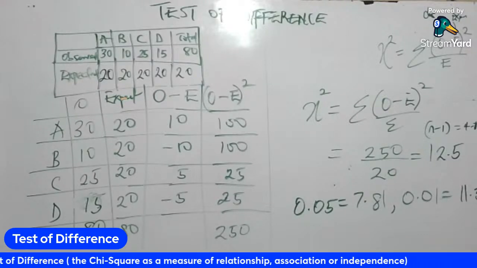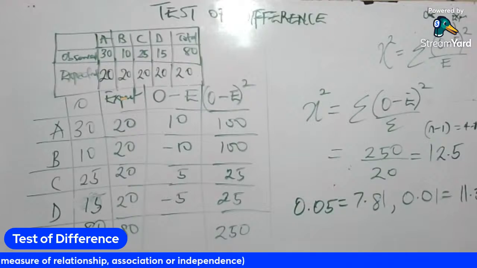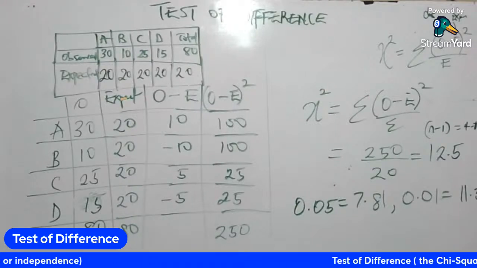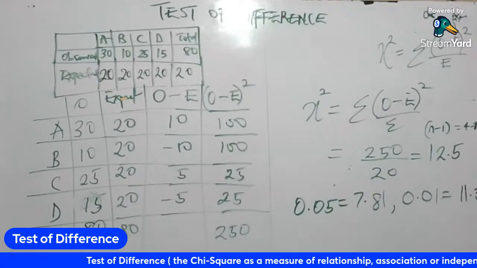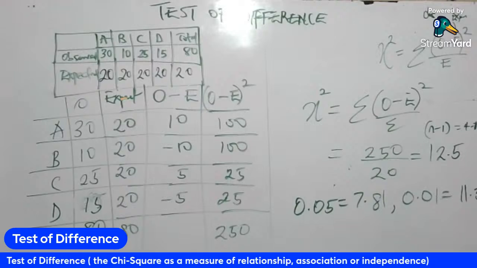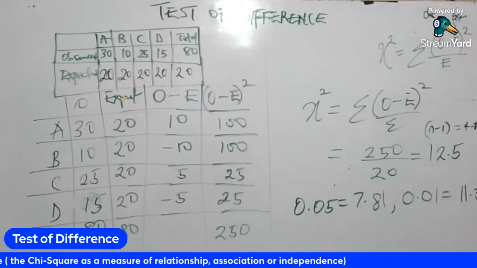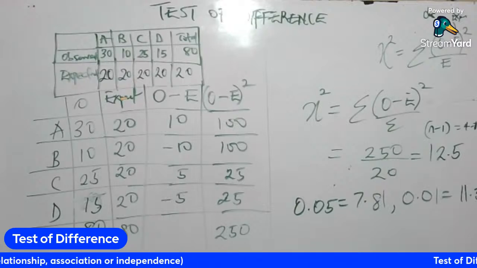But since the calculated value is greater, we reject the null hypothesis and accept the alternative hypothesis, which says that some of the brands are more attractive than each other. So that means there is a significant difference.